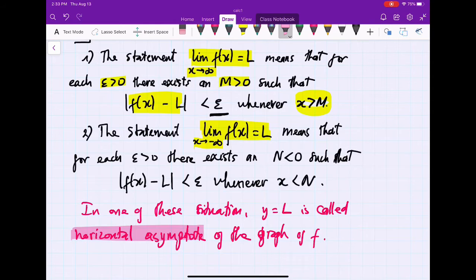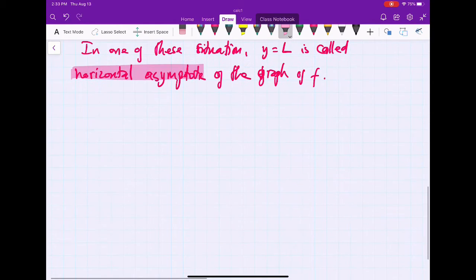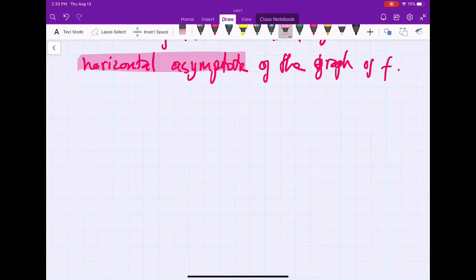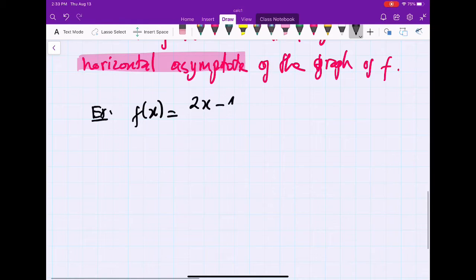Okay, so let's consider some examples. The first example looks like this. You have the function f(x) equal to (2x minus 1) over (x plus 1). Let's find all asymptotes of this function.